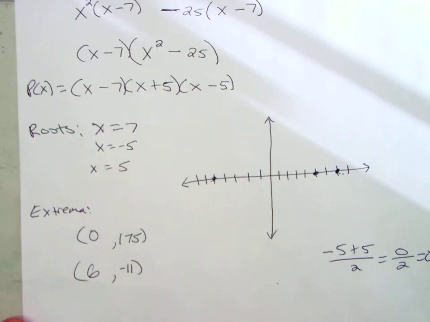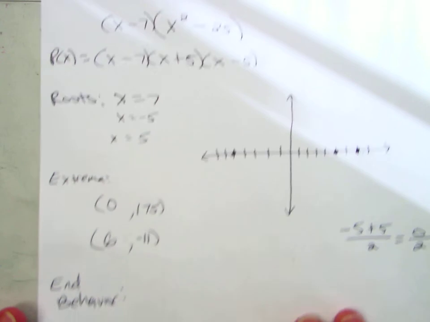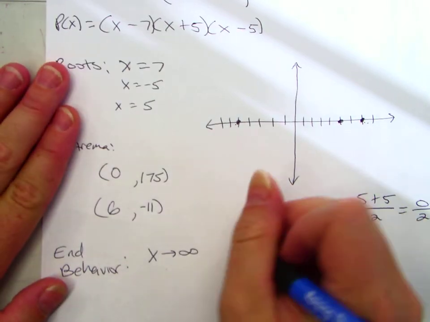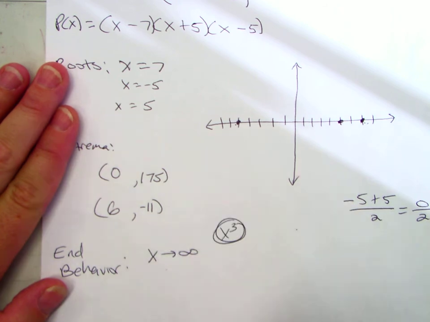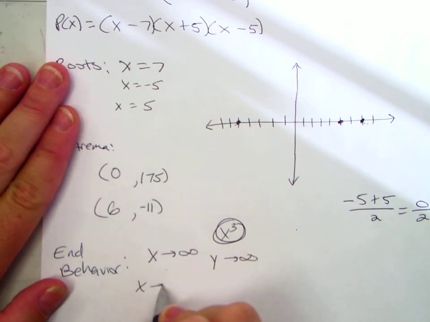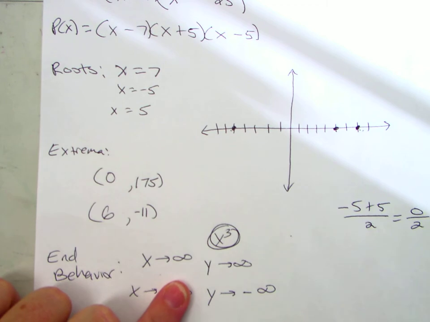All right. So for my end behavior, if we have an x to the third, as x goes to infinity, remember x cubed, what does y go to? Infinity. As x goes to negative infinity, what does y go to? Negative infinity. So this is like your normal one.